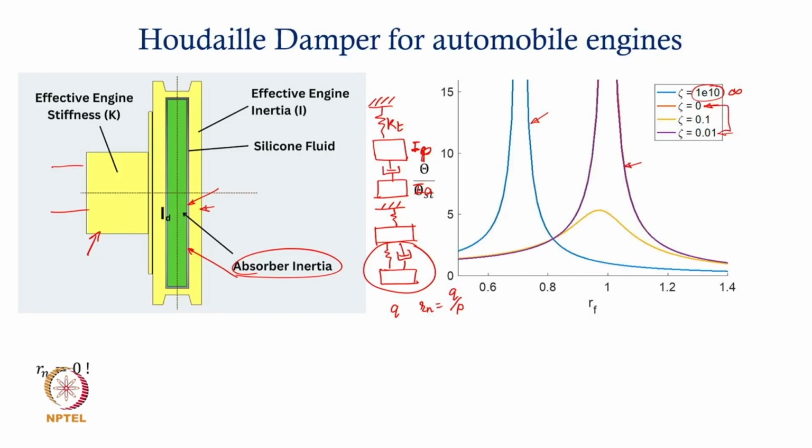So it would be interesting to understand why you get a lower resonance frequency for zeta equal to infinity compared to when zeta is equal to 0. We partly discussed this in the earlier discussion. Zeta infinity means these two are actually getting clubbed together.